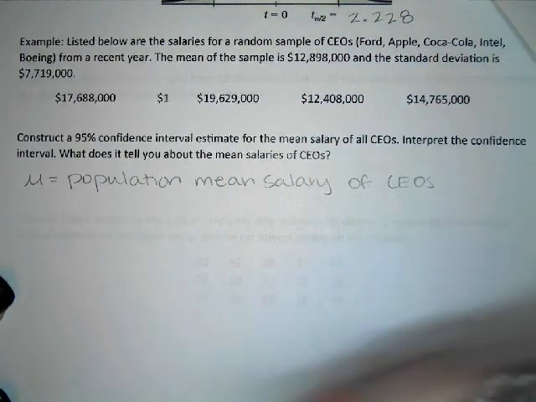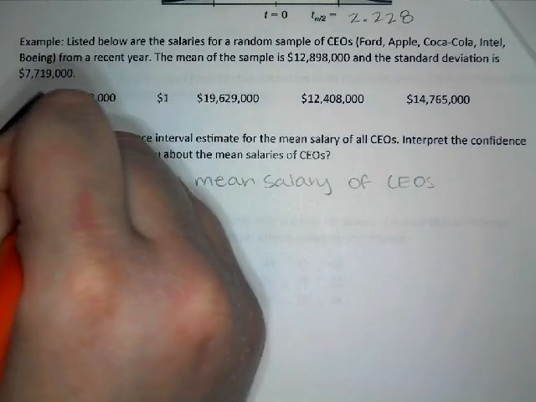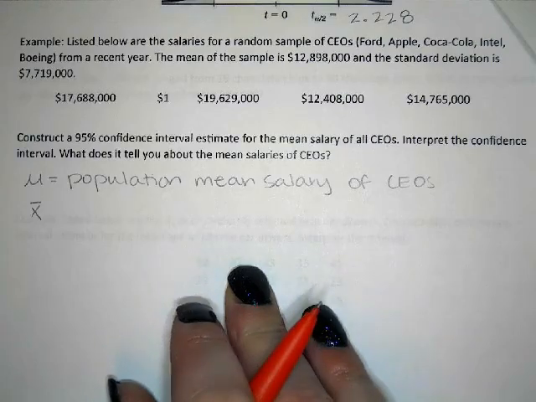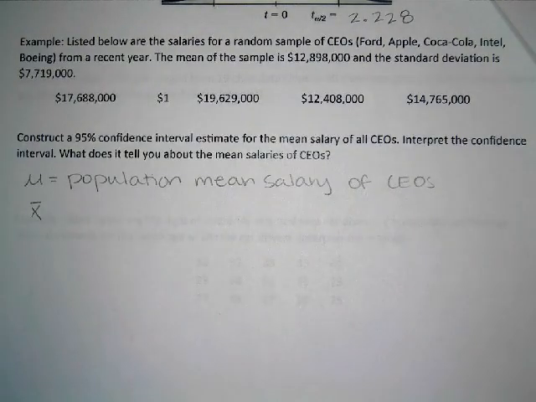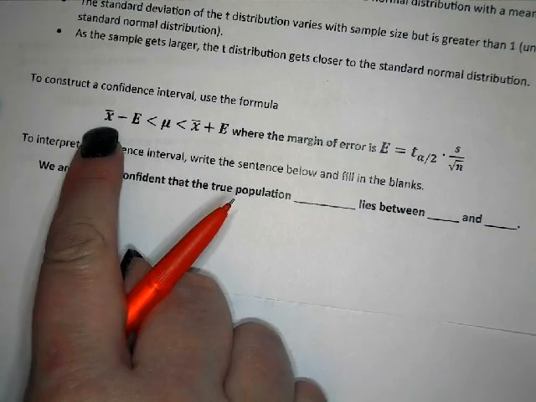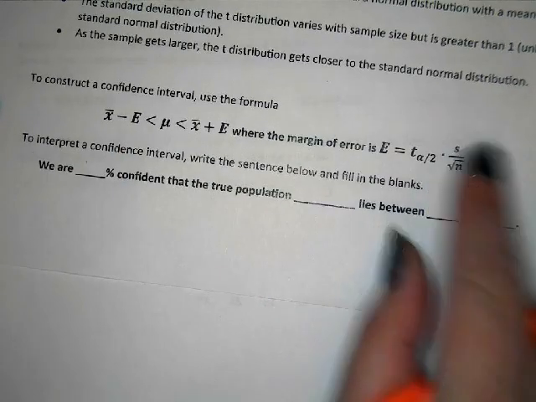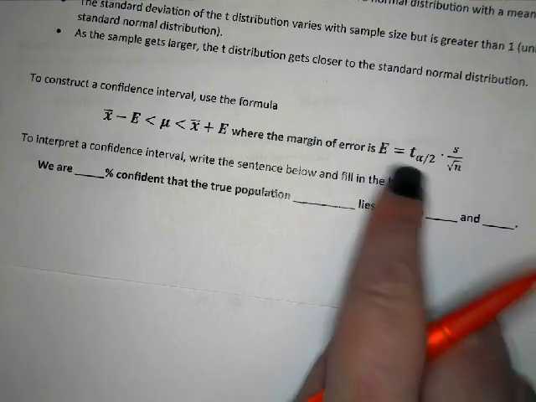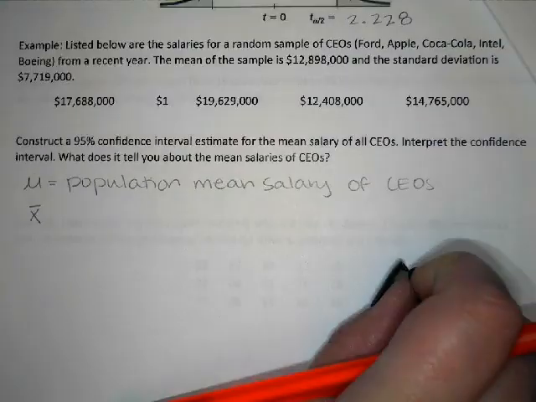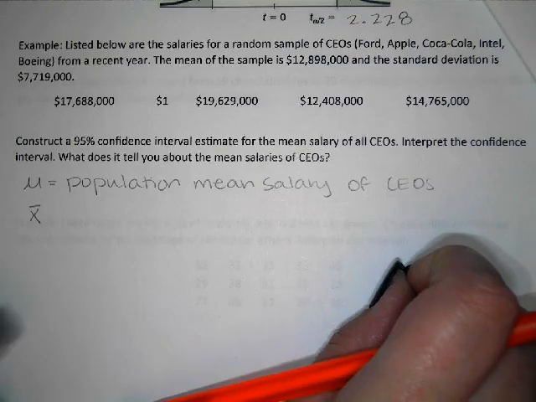All right, then we need to know what the x bar is. I'm just thinking through the things that were listed in my formula. I need to know x bar, my s, my square root of n, and then to find my critical value, I'm going to need the degrees of freedom as well.